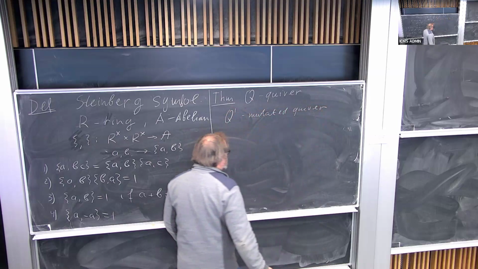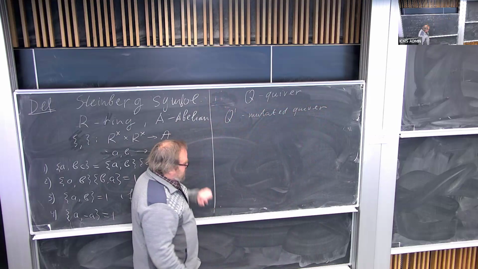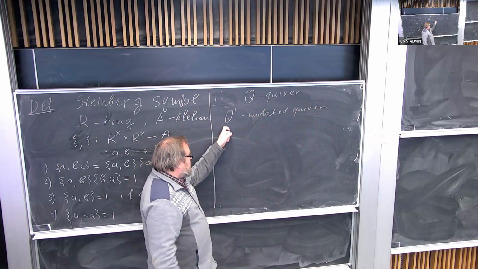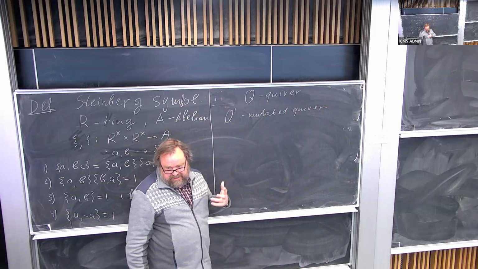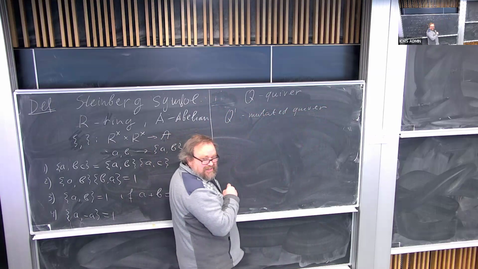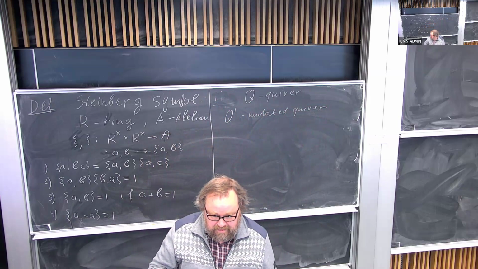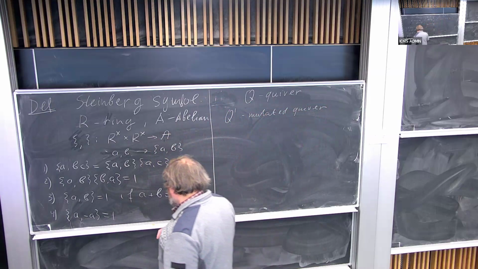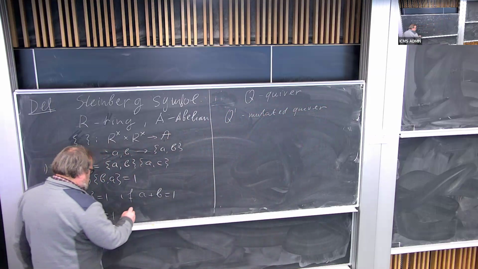Perhaps I should say that if you have a quiver, there is a procedure which Misha described. Sorry for my ignorance. If you have, for instance, the symbol {1, a}, it's 1.